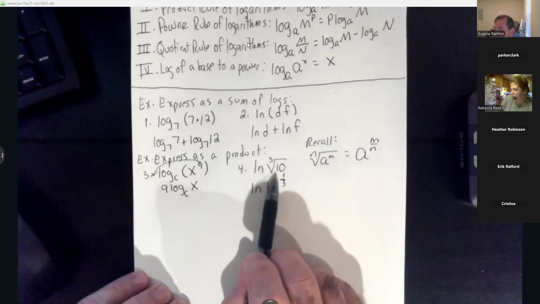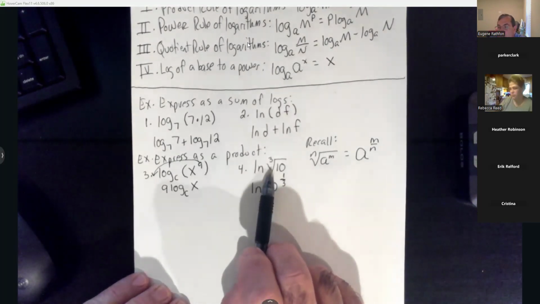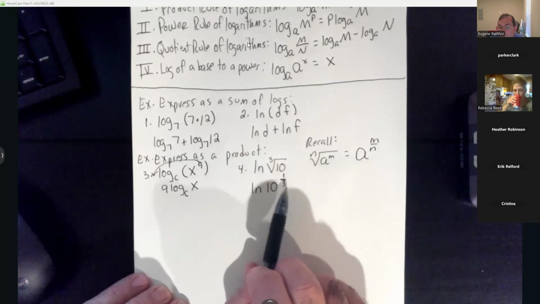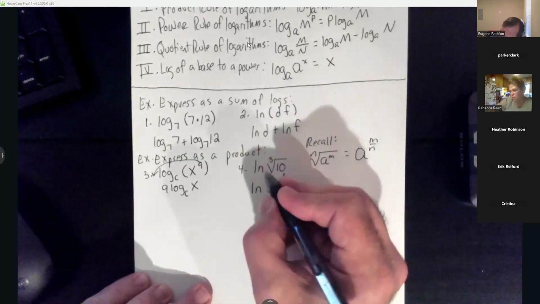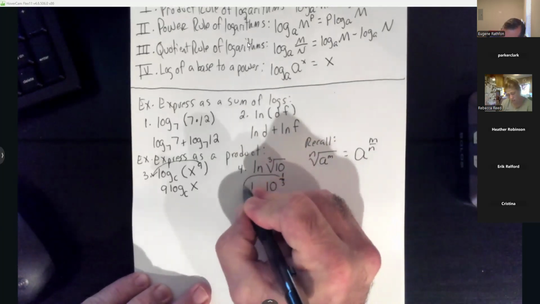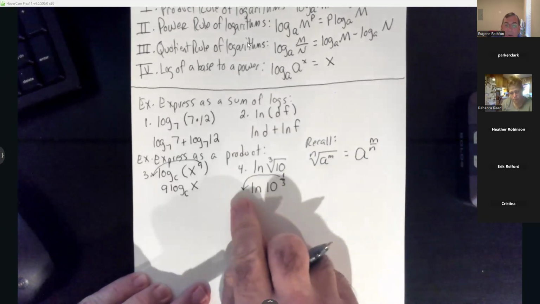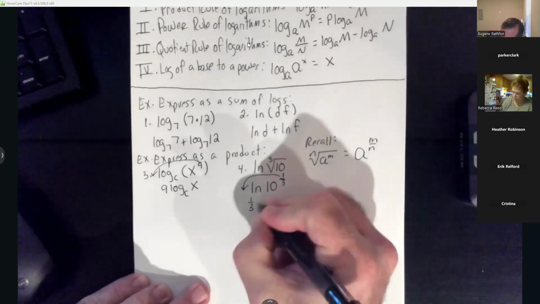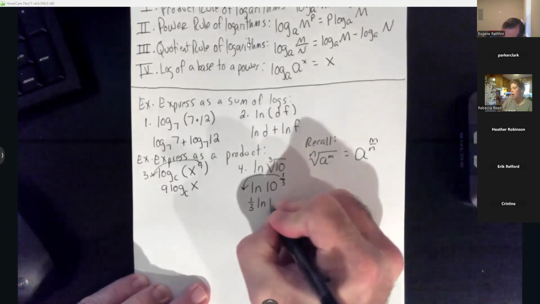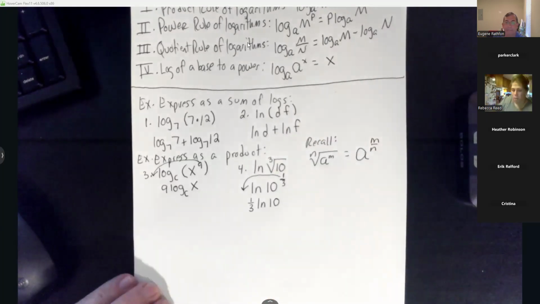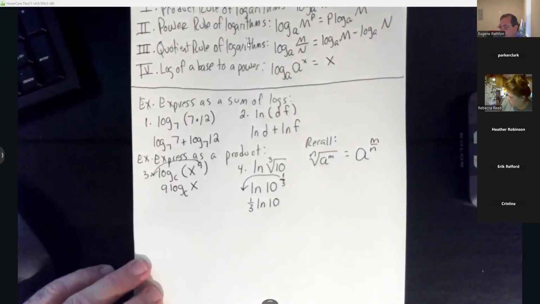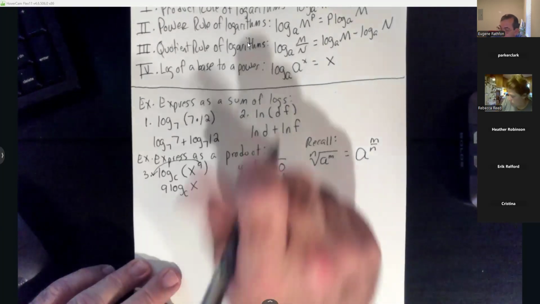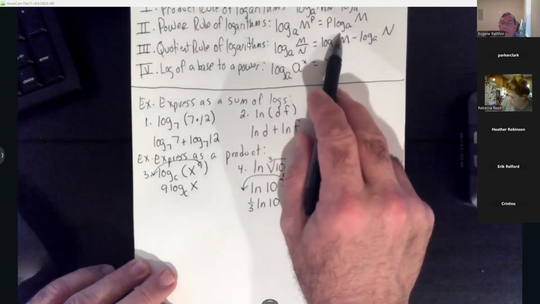So we rewrote this 10 and took that cube root and wrote it as a 1/3. Now, what we got to do, bring that 1/3 down and write it as a product so that you get 1/3 times the ln of 10. Okay, so they're not bad. You just got to sort of follow what they want done up here, okay?